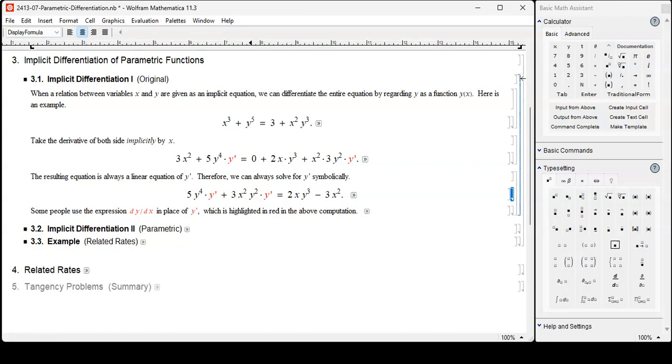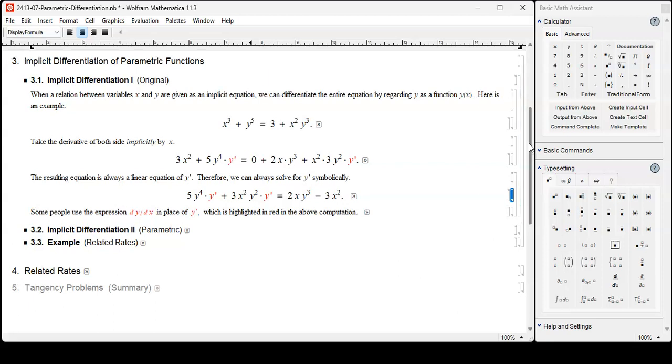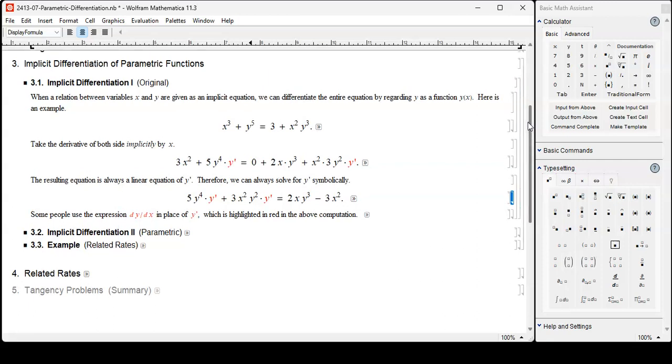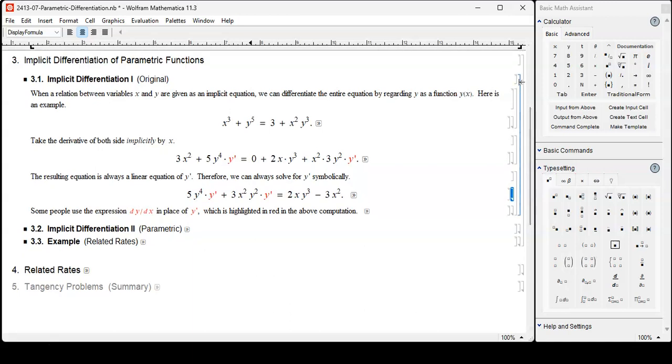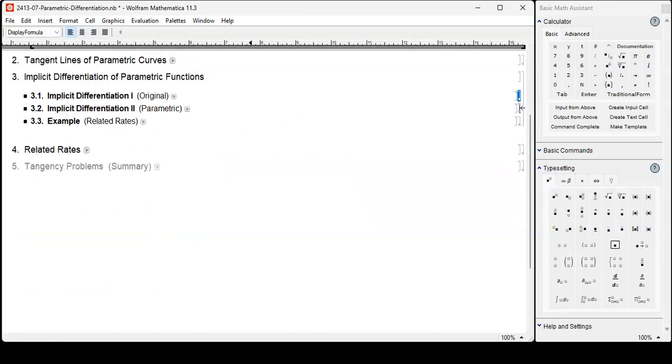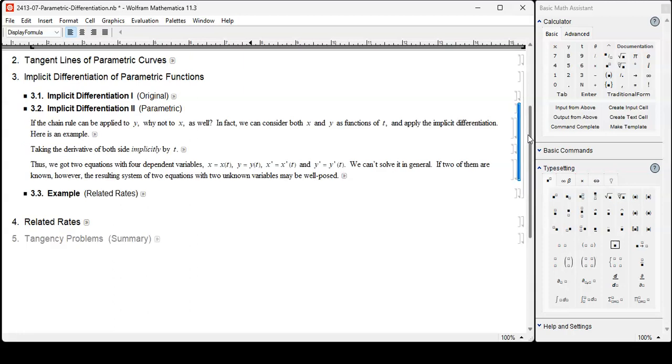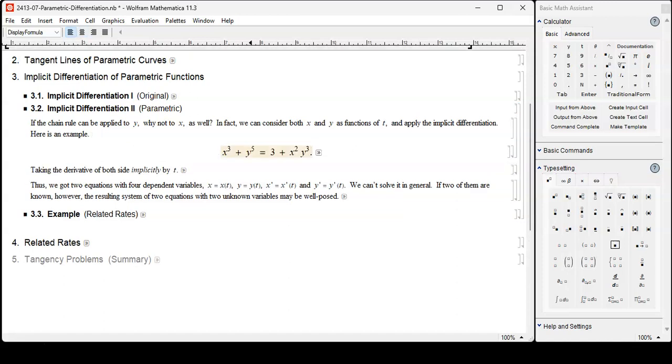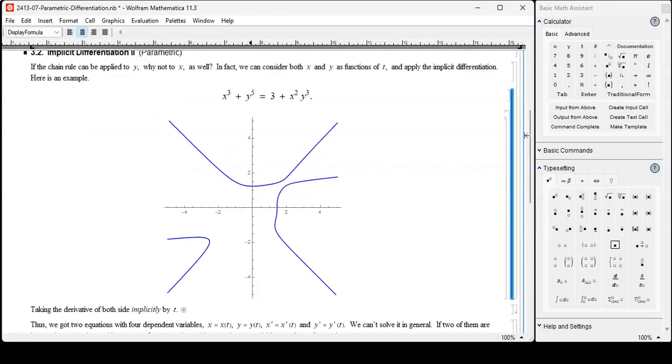Okay, so much for the review on implicit differentiation, and I did a really thorough review, and I did it for a reason. Now let's go to our new topic, the implicit differentiation of parametric functions, but let's stick to the same relation. And then, of course, same curves.